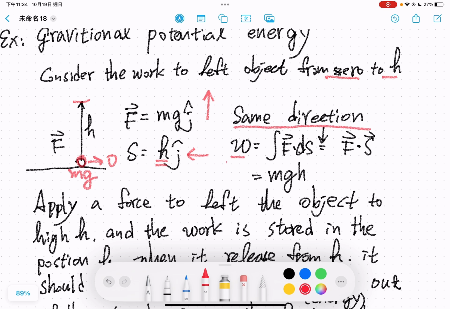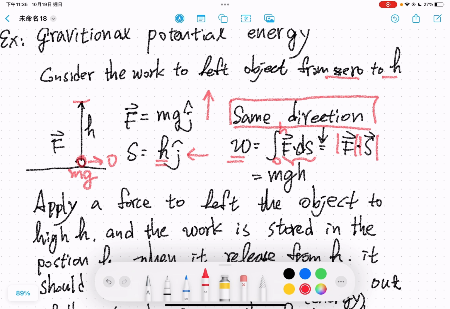So the work integrated from 0 to the edge is the inner product of the force and the displacement. But we know they are in the same direction, so it is very easy to just multiply the magnitudes.